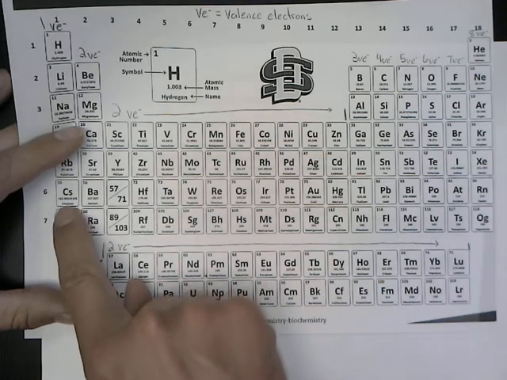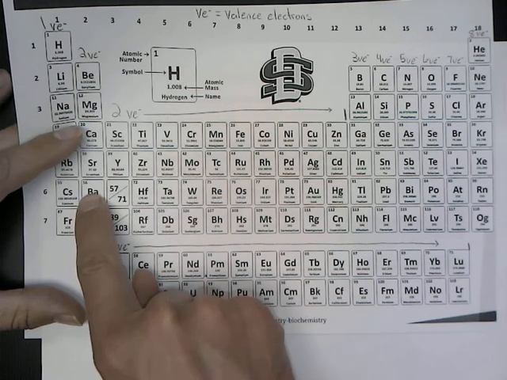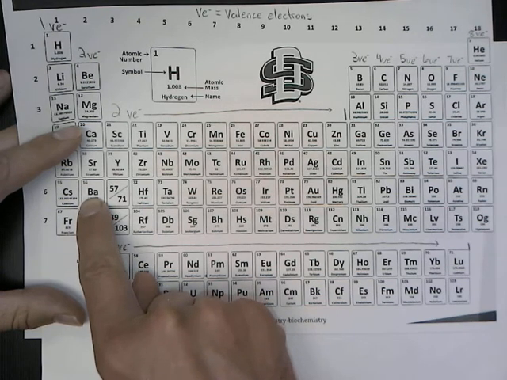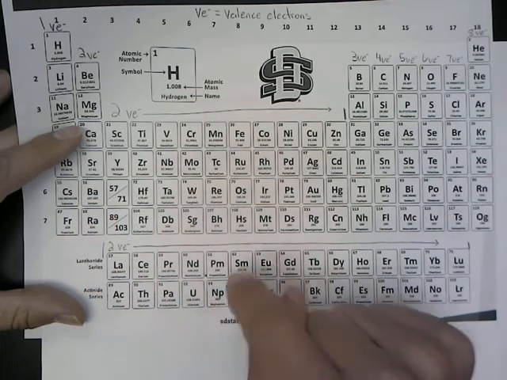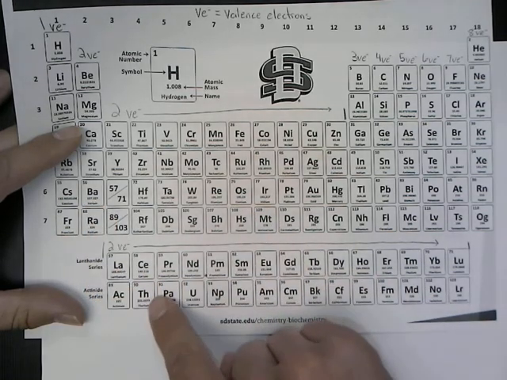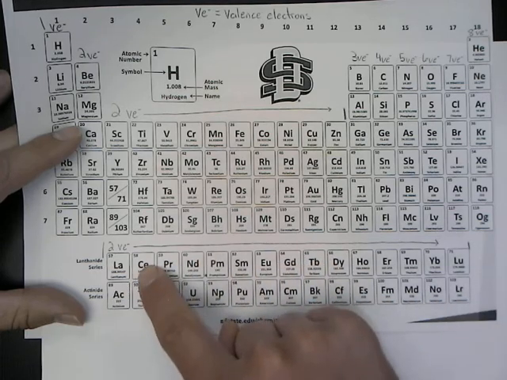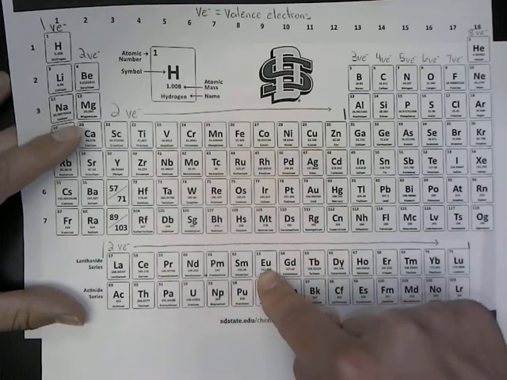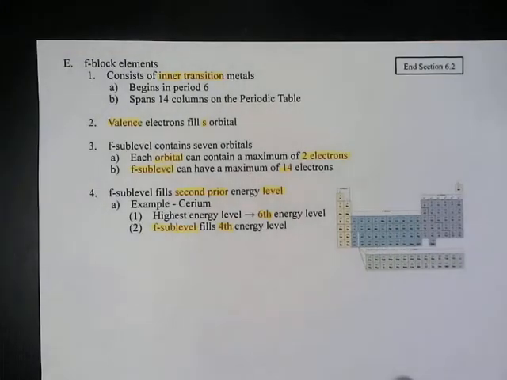But if we get here at period 6 and go through cesium and barium, the electron configuration for barium would be 6s2. And then we get down to lanthanum, cerium, and so on. This would be the 4f level. The highest principal energy level is 6.